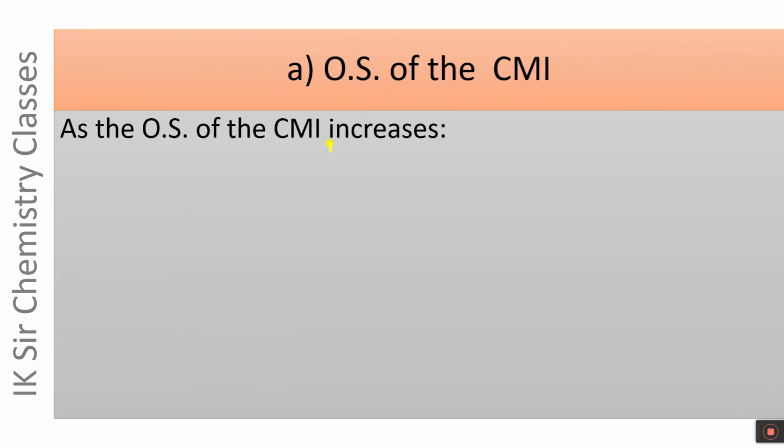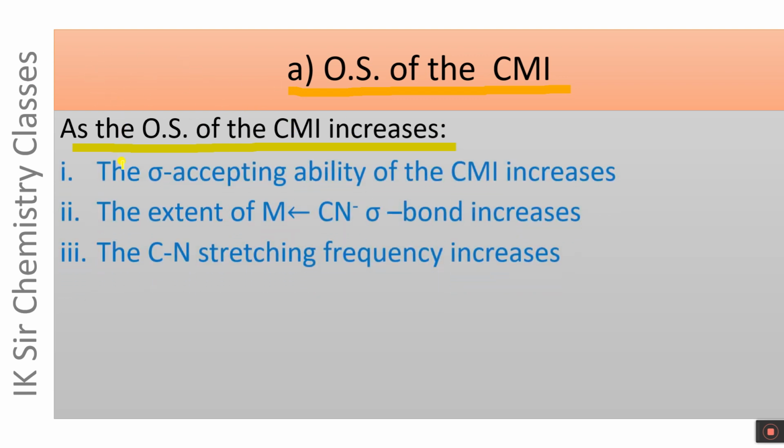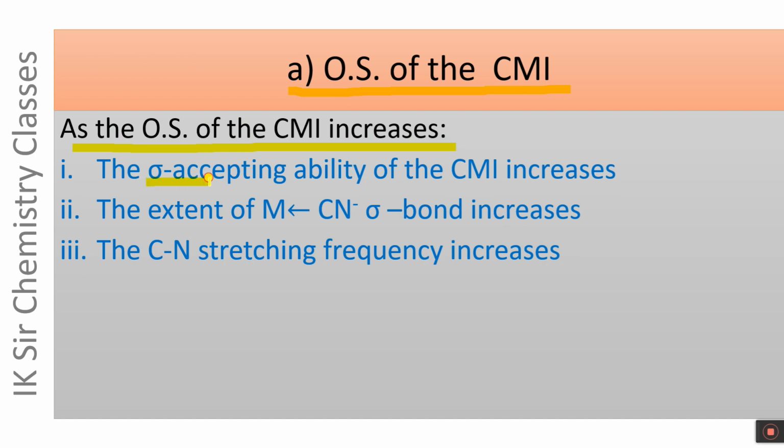The first factor affecting the CN stretching frequency in cyano complexes is the oxidation state of the central metal ion. As the oxidation state of the central metal ion increases, as the positive charge on it increases, the sigma accepting ability of the CMI increases.